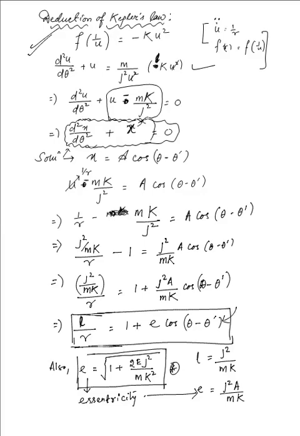This is the general equation of a conic section with one focus, and with focus at the origin, of course, and with eccentricity E, and the value or the magnitude of eccentricity decides the nature of the orbit.